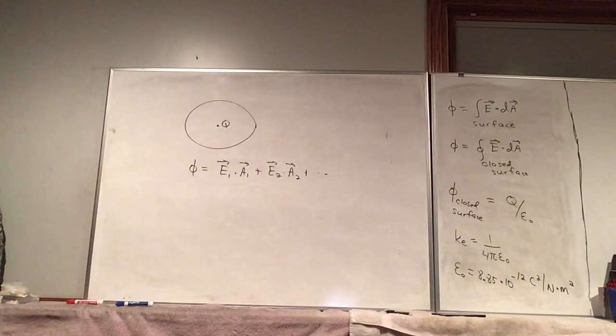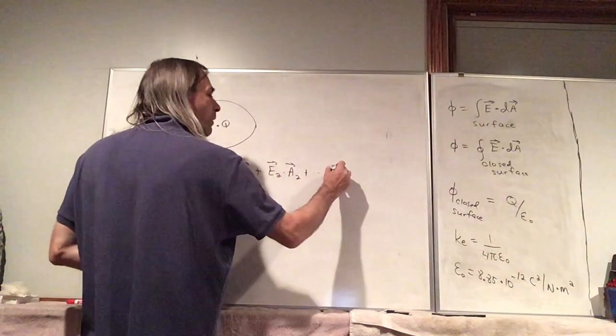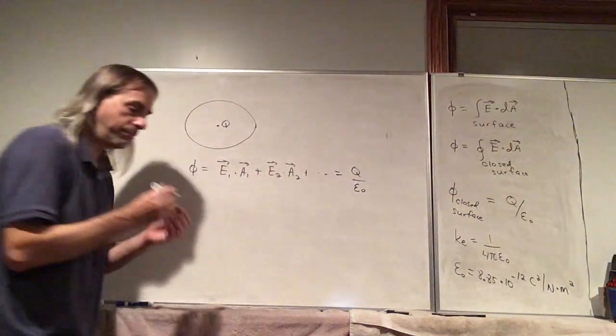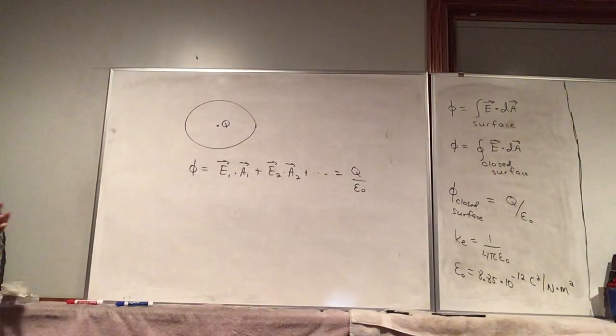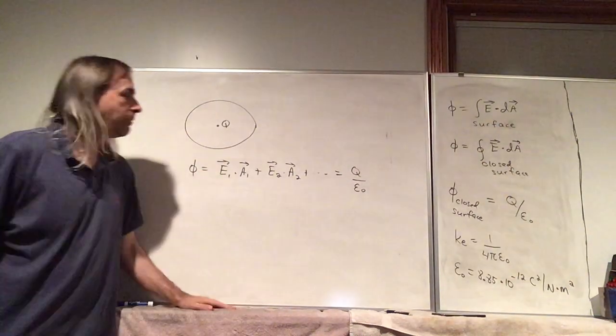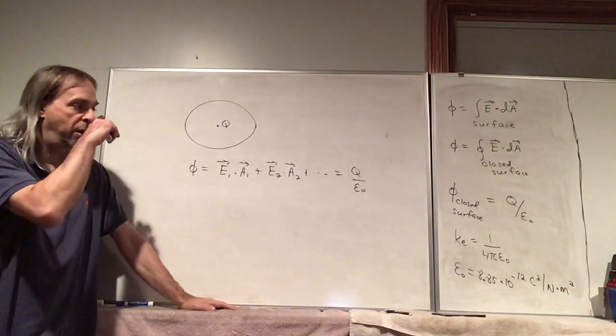Now the question is, we know the left side. We know that when we add up all this, this is going to be Q over epsilon naught. The problem is, this is one equation, and we'd like to know the electric field. Say we have a charge here, we want to know what the electric field looks like.